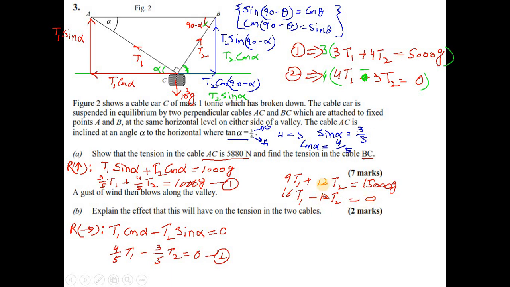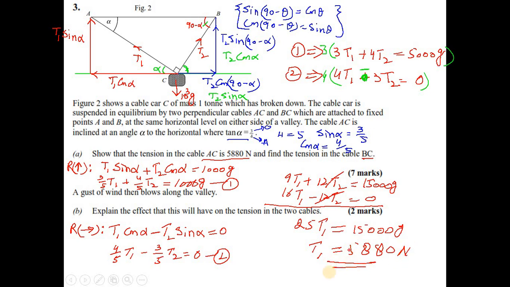Now clearly you have opposite signs for the T2 terms, so you can easily add directly. You can cancel. You have 25T1 is equal to 15,000 G plus 0, and from here T1 would be equal to 5880 Newton.